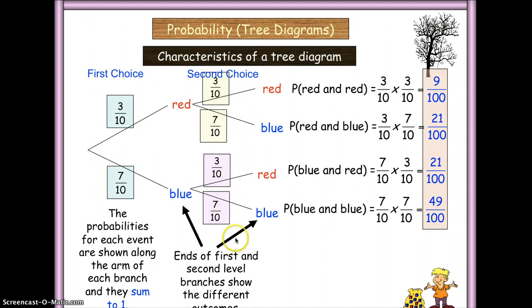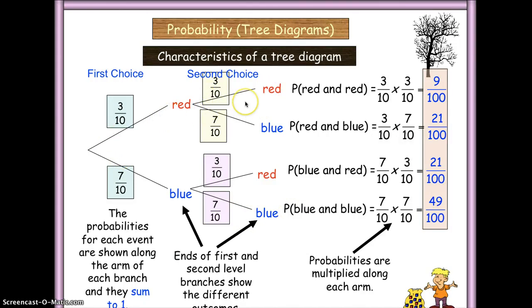This branch or this arm is also equal to 1. Now if you go to the end and add all of these, it will total 100 over 100. Okay, so these are the things that you would like to take notice of. And also the probabilities are multiplied along the arm. So you follow certain paths.